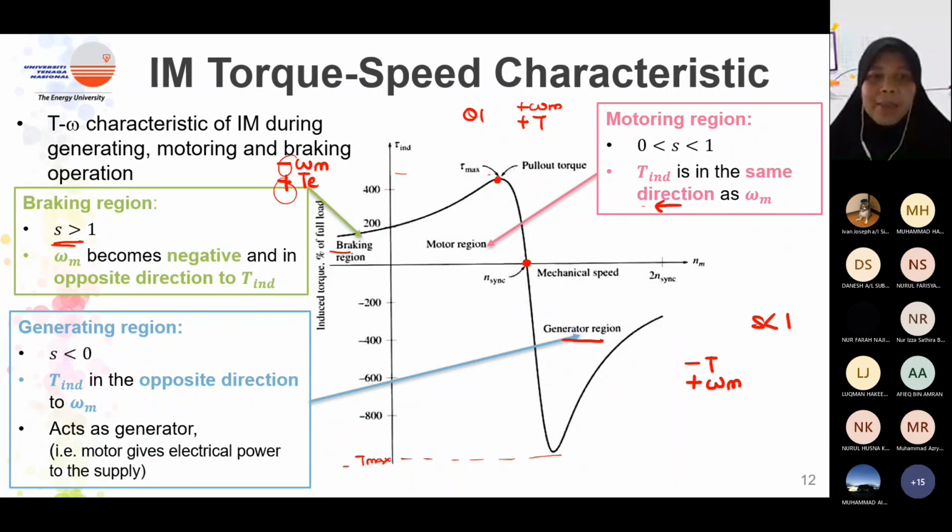Okay, it will supply the power to the system. Okay, it act as generator. Boleh ke kat sini? So there are three regions, but we consider the motoring region. And later we see one example on the generator region. Boleh ke?